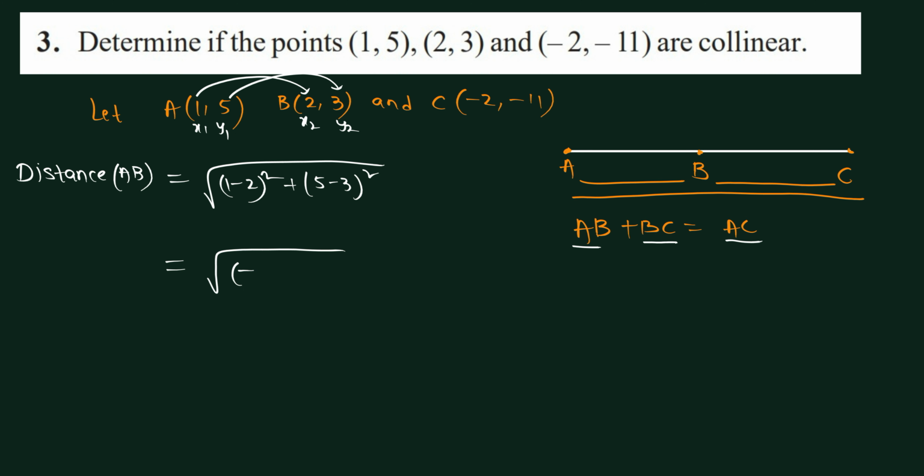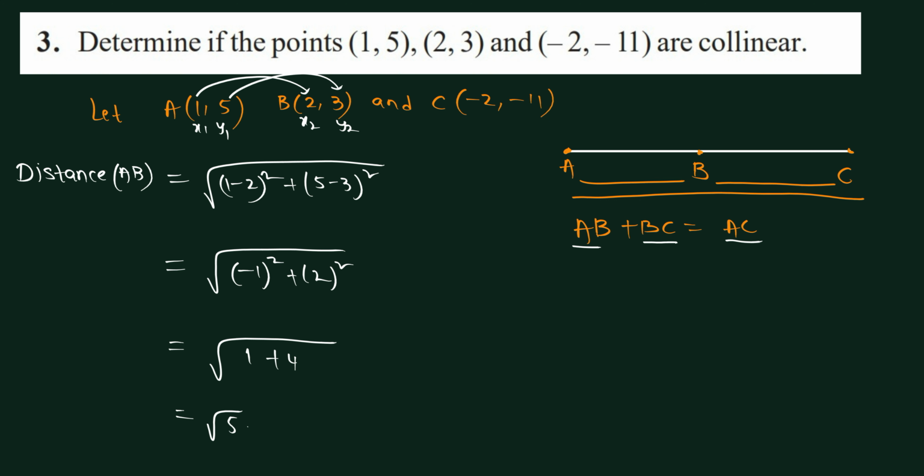Square root of (-1) square plus 2 square. 1 square is 1, 2 square is 4. Then we got AB as root 5. Similarly, you find the BC value, and like that you find CA also.